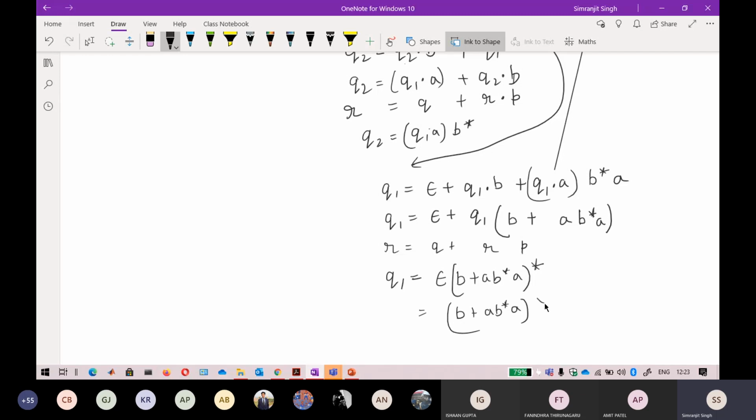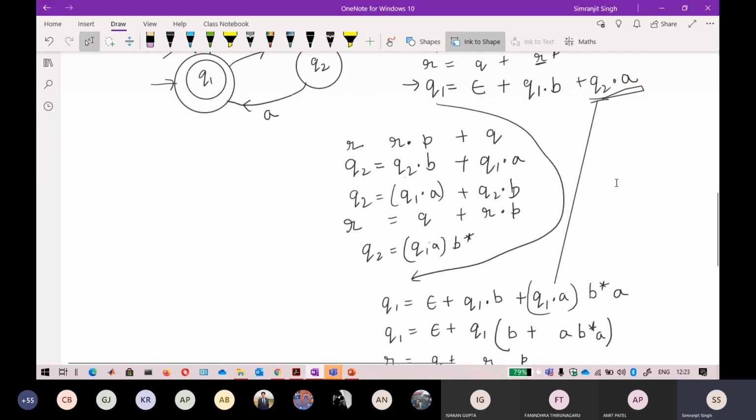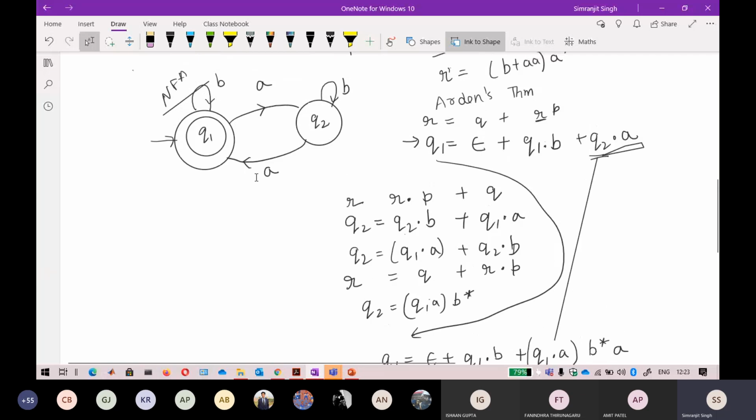A whole star. Now when we have done this question, the question is just saying even number of B's. The placement of B's can be anywhere. I don't think we have done this question.